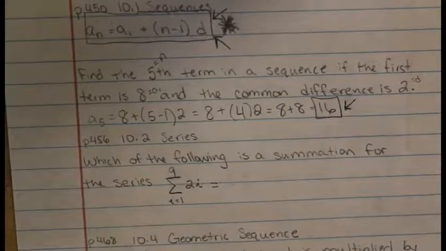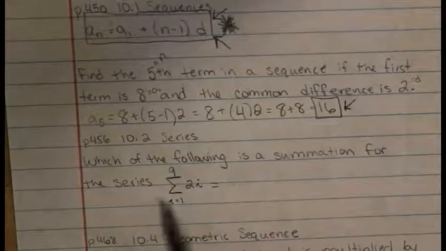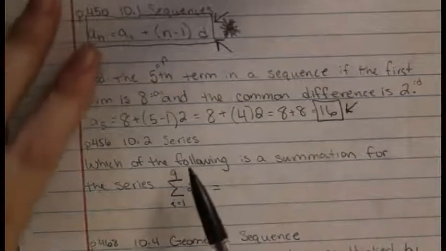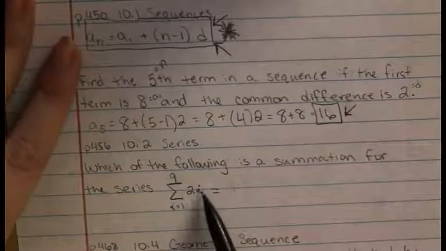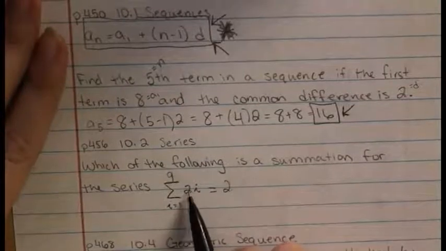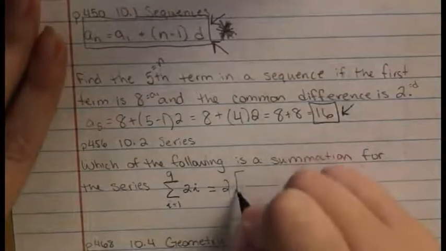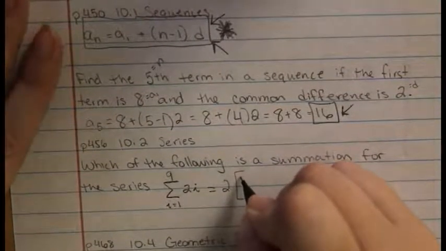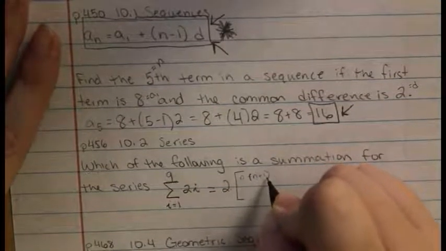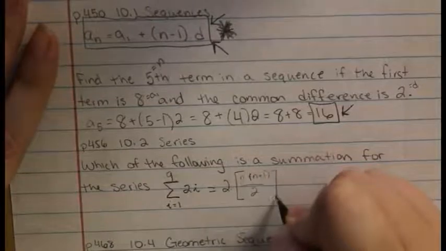So moving forward, we have 10.2 series. Which of the following is a summation for the series 9 sum i equals 1, 2i? If you remember, we have to actually put the 2 out front because it ends up having to be multiplied after the fact. And it's going to be n times n plus 1, all of that divided by 2.